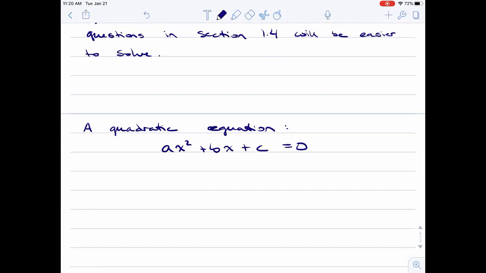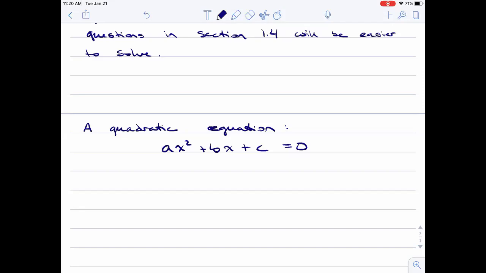So if you see something like this, or specifically something like ax squared plus bx plus c, then we're able to use the quadratic formula to solve for the roots.